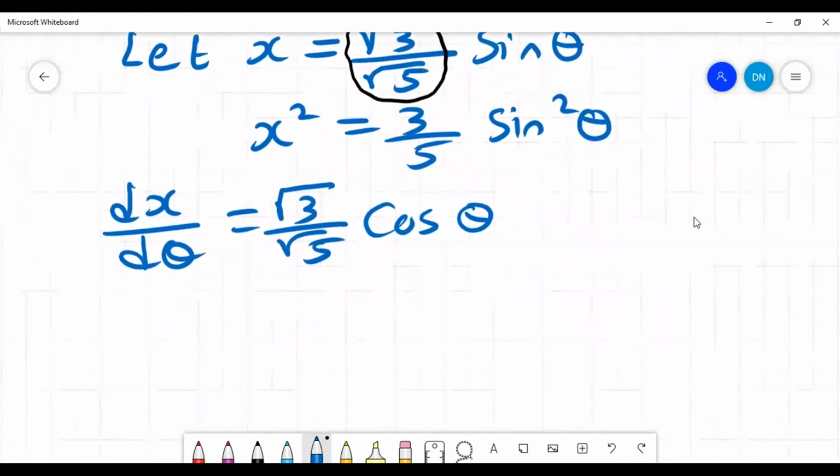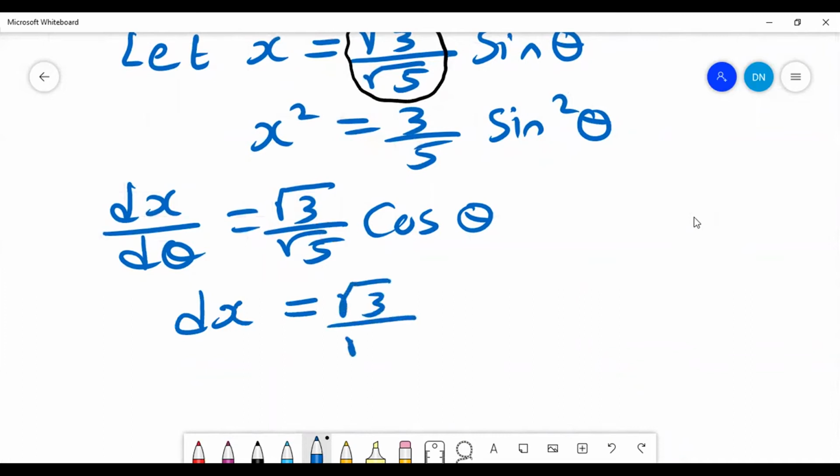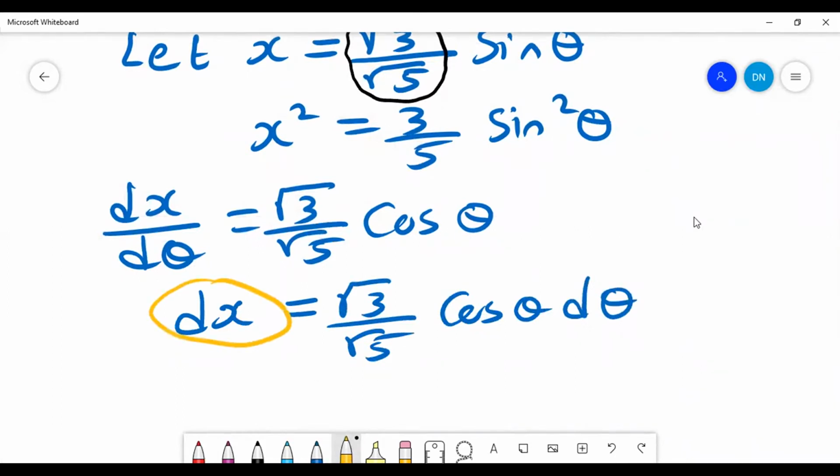But now I need to make dx the subject of the formula. So dx will be equal to root 3 over root 5 cos theta d theta. So I have the two parts: I have my dx and I have my x. Those are the two I want to take now into the equation.